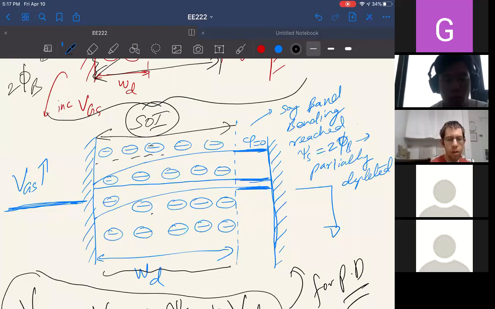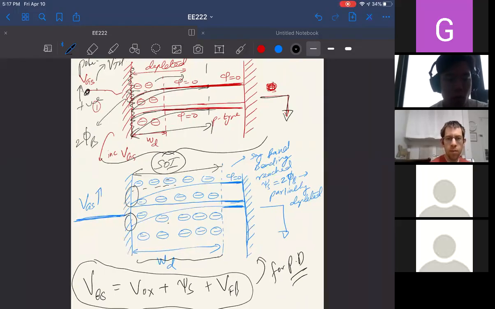You have no charge carriers here, even though you still have not reached 2 phi B. This is what is called a fully depleted SOI. But the one we are dealing with is called a partially depleted SOI, where your surface potential reaches 2 phi B within the SOI region.